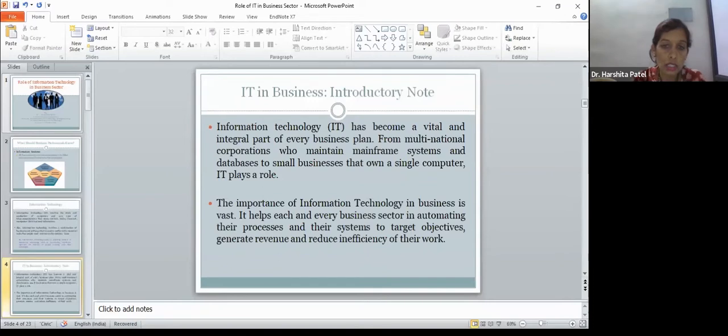Now those things are replaced with Tally software or other kinds of software which give you a quick view of the previous balance and all these things. So automation helps you maintain your data and also improve your efficiency. Here IT is actually working 360 degrees in any sector, and obviously in the business sector.